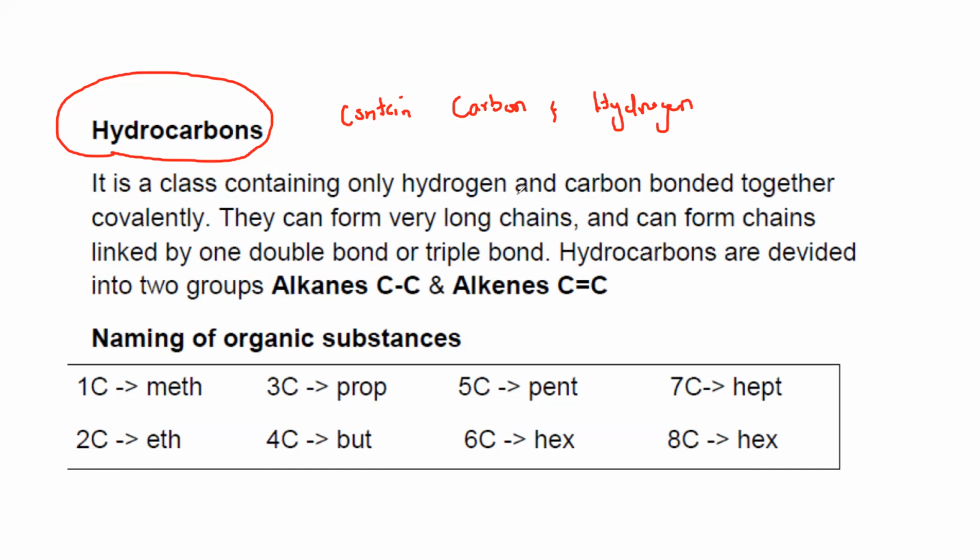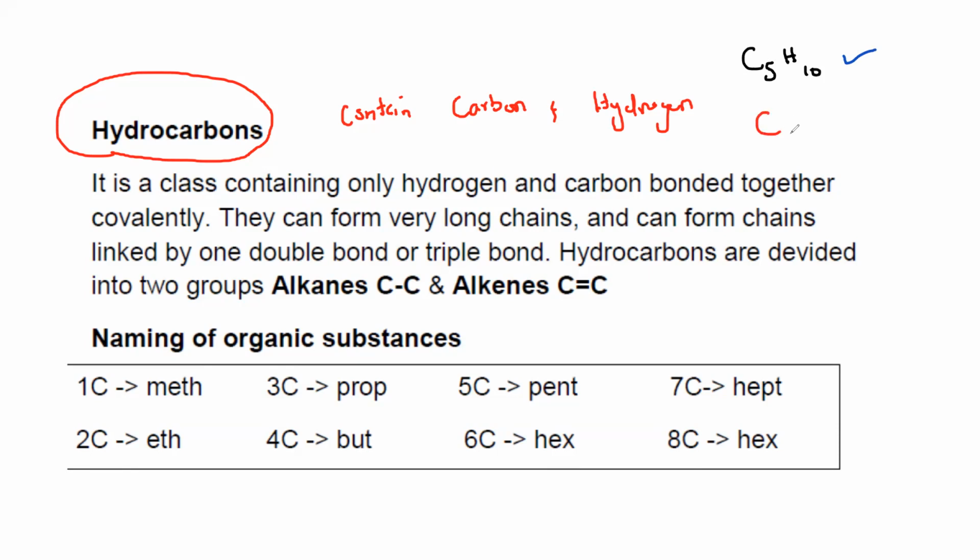So if we find a compound which contains carbon and hydrogen only, we call those compounds hydrocarbon. Example, if I write C5H10, is it a hydrocarbon? Yes or no? Yes, it is a hydrocarbon because it contains 5 carbon and 10 hydrogen.